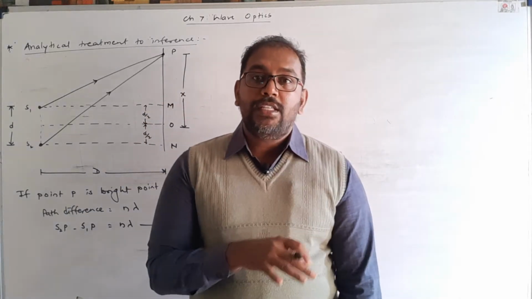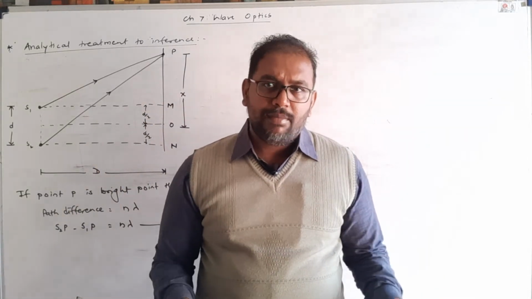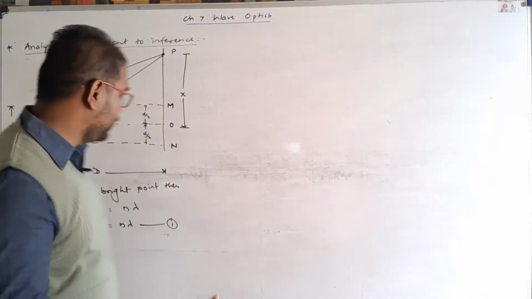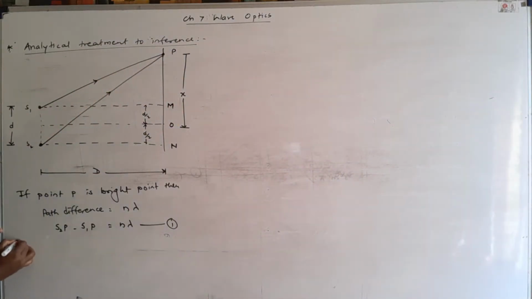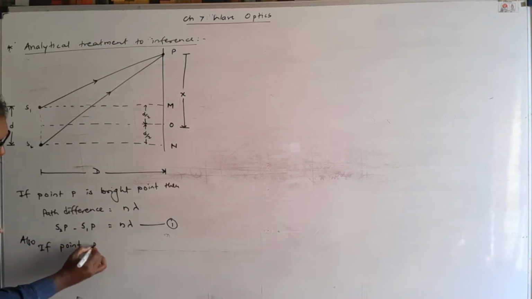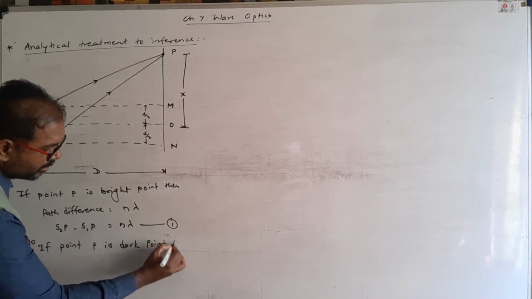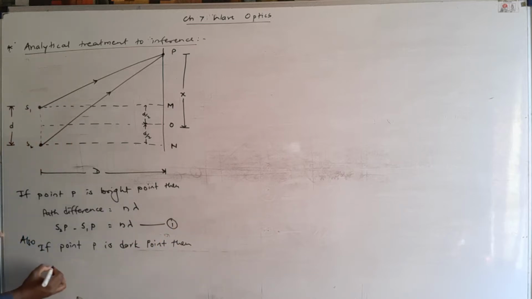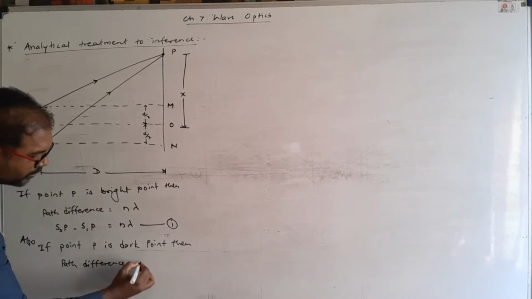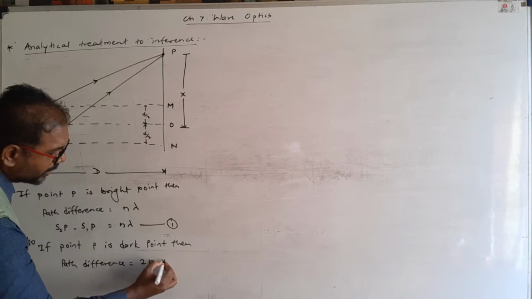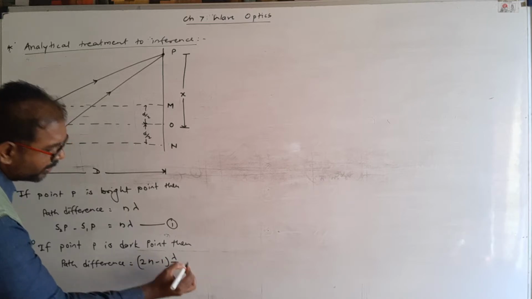Now similarly, we don't know whether P is a bright point or a dark point, so I consider P is a dark point. If point P is a dark point, then the path difference is equal to (2n minus 1) lambda by 2.